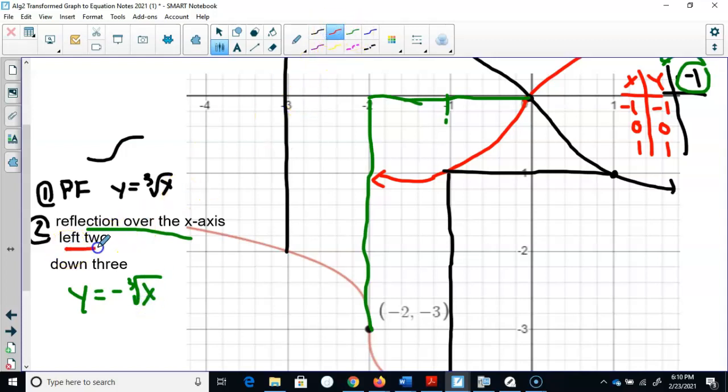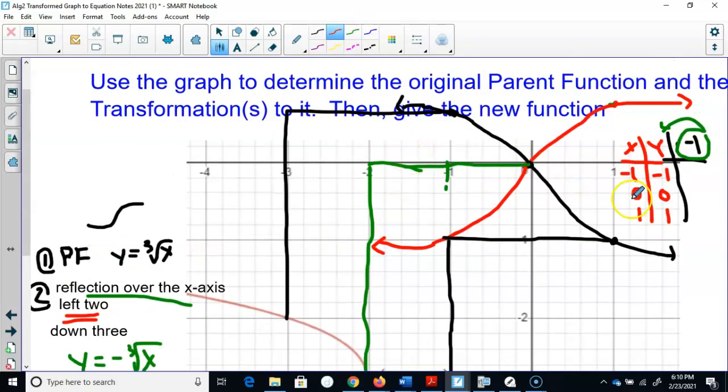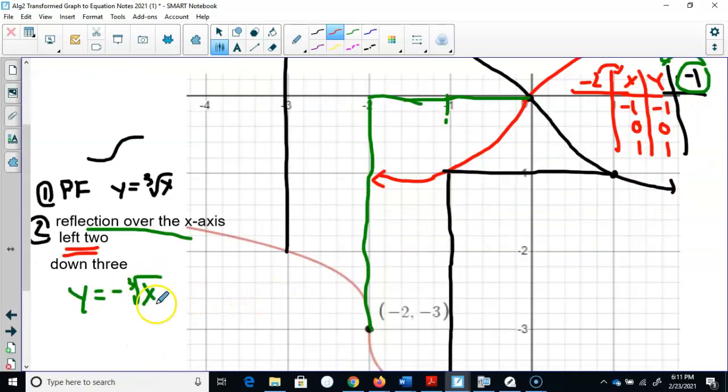Next, I went left 2. Left 2 is happening to the x-axis. Going left 2 means I subtracted 2 from the x. Remember, whatever's happening to the x is the opposite of what's happening inside the grouping symbol.